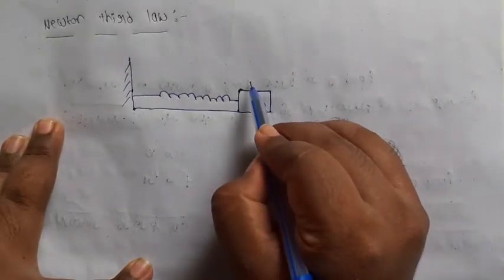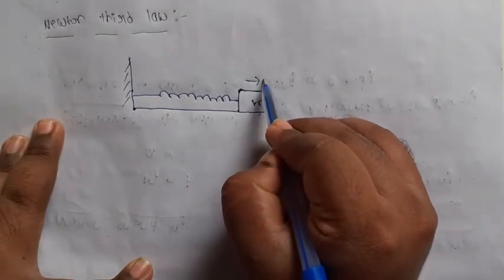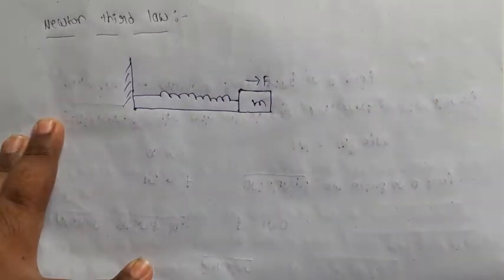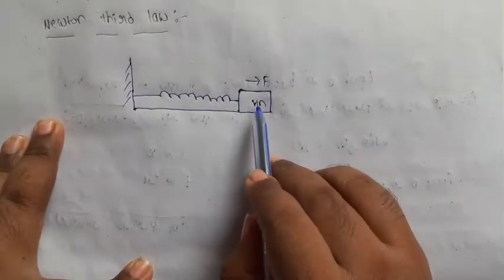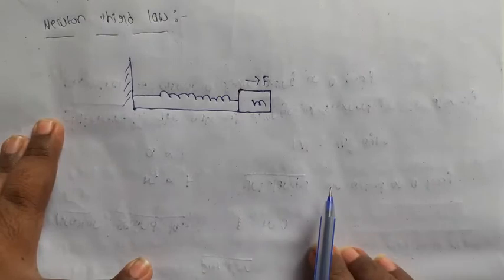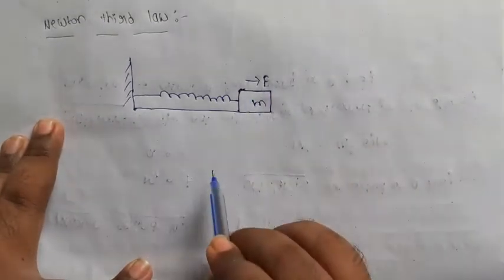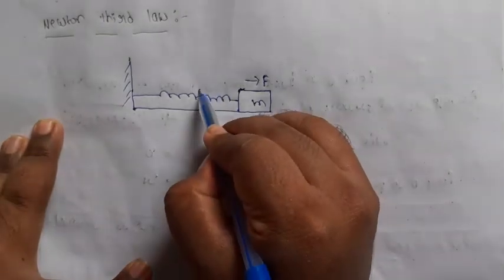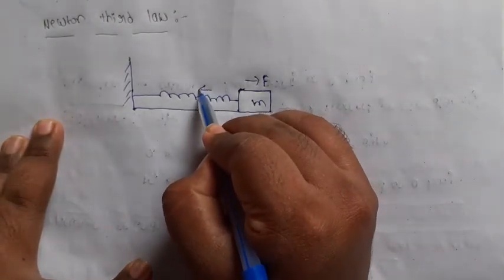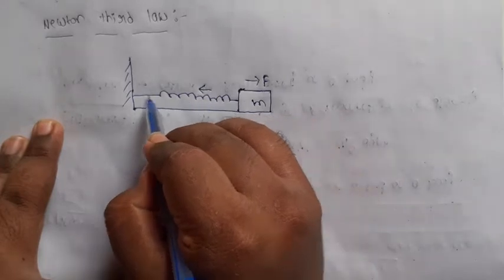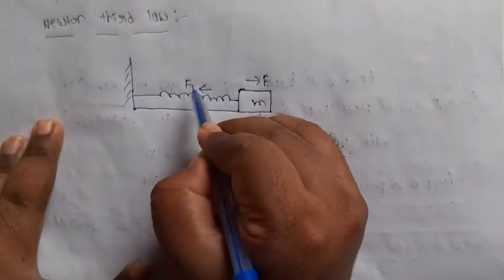When I apply a force on the object in this direction, the object is going to move in this direction. When you apply the force on this object, internally the same force is acting towards the wall through the spring.